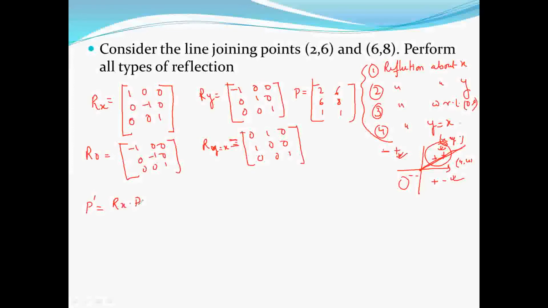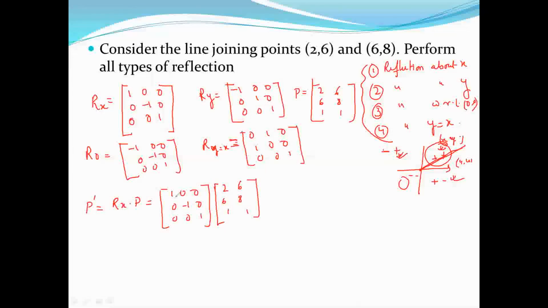If you perform the Rx dot P operation, what you will get? Rx is this one, so you write 1 0 0, 0 minus 1 0, 0 0 1. Write down the points matrix, 2 6 1 and 6 8 1.